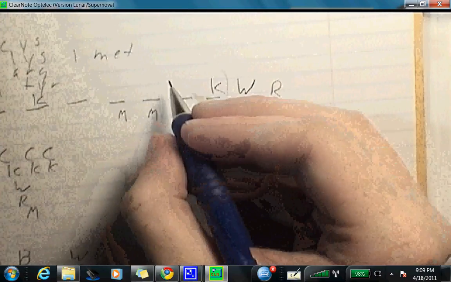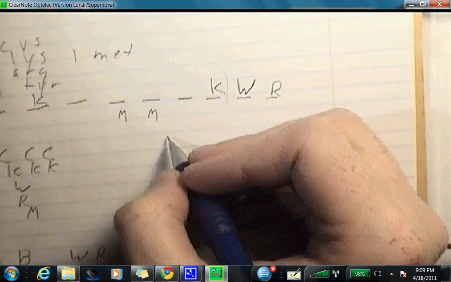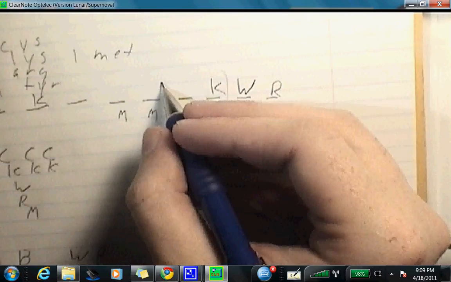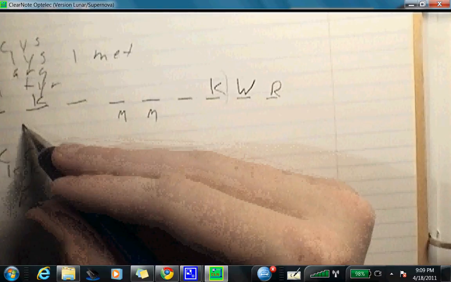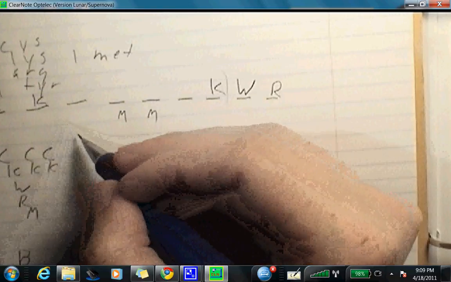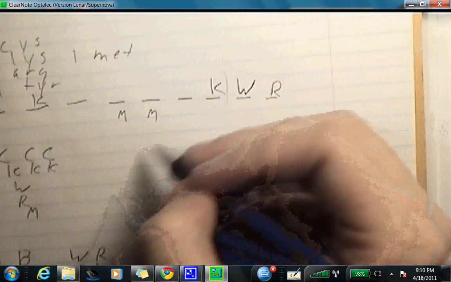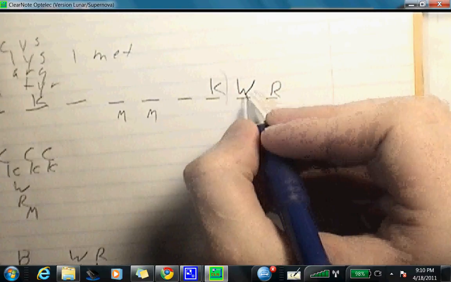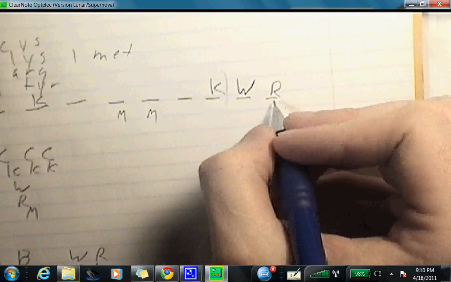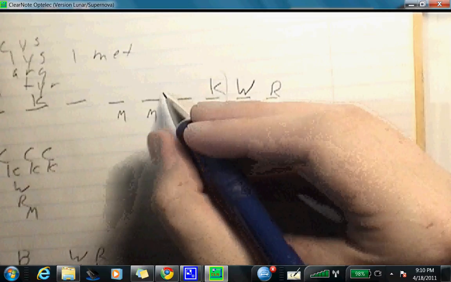However, there's a clue here that the pentapeptide contains cytosine, lysine, and methionine, and the tetrapeptide contains tryptophan and arginine. So what does that mean?